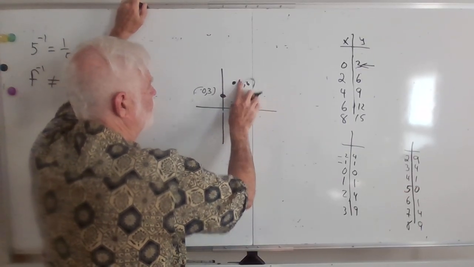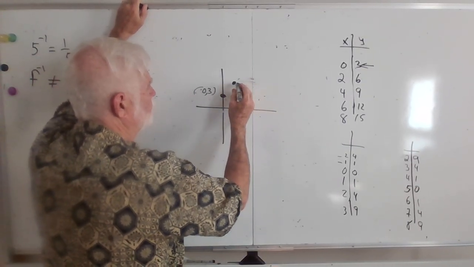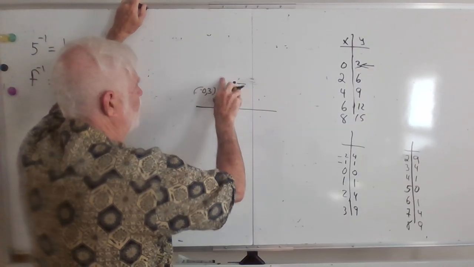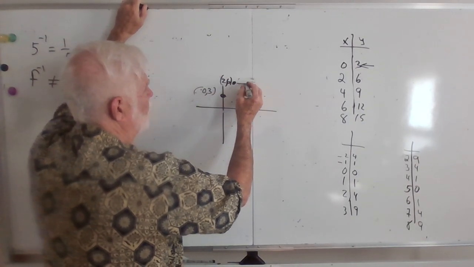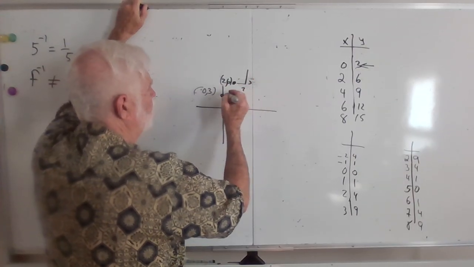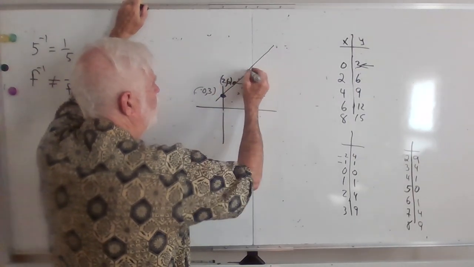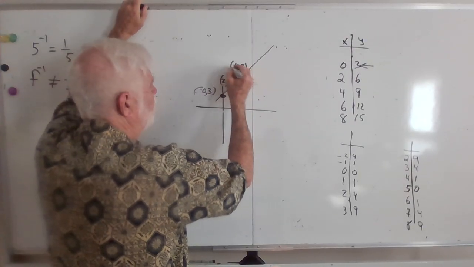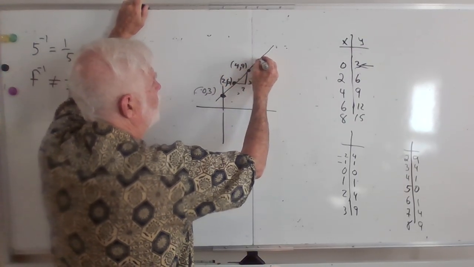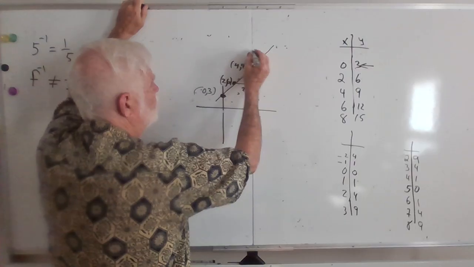Then we go over 2, up 3. Ooh, and now we're at 4, 9. Shouldn't have to look, should I? And then we're at 6, 12, so on and so forth.